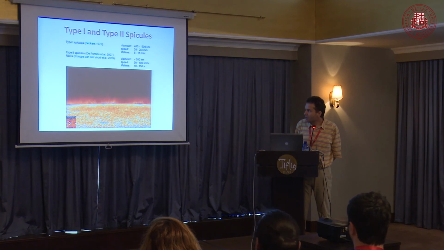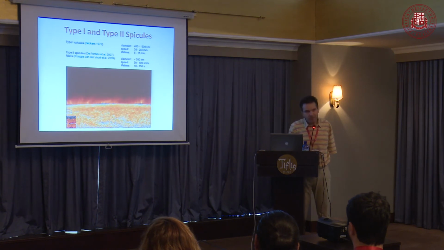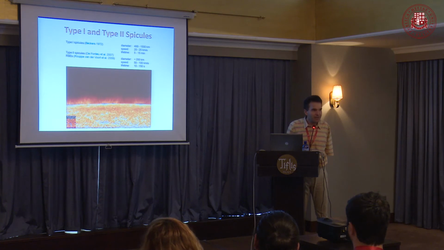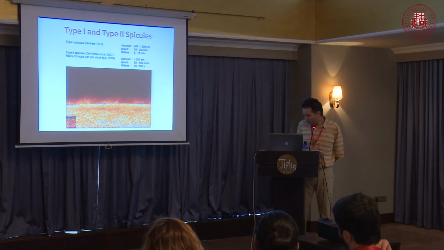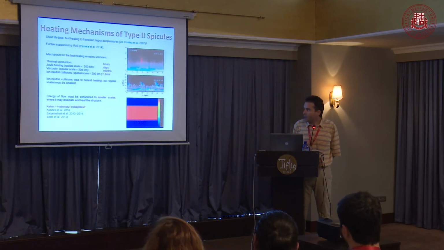Just to mention, the speeds which occur in this type of spicule reach values of about 50–100 kilometers per second, and these highly dynamic jets trigger one quite natural question.